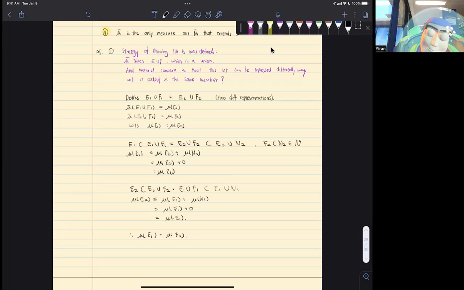Another thing is that K1, K2, and so on are in M bar, where Ki is equal to Ei union Fi. So we want mu bar of the union of Ki to be equal to the sum of mu bar of Ki. This is true since mu bar of the union from 1 to infinity of Ki is equal to mu bar of the union of Ei union the union of Fi.